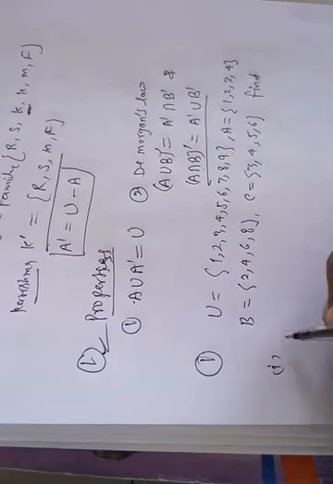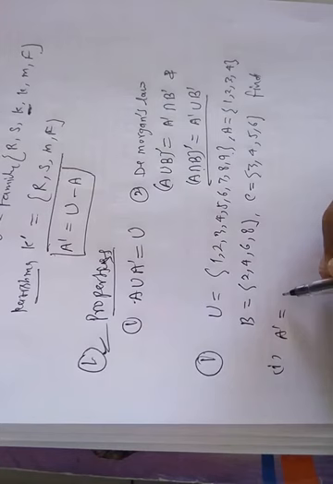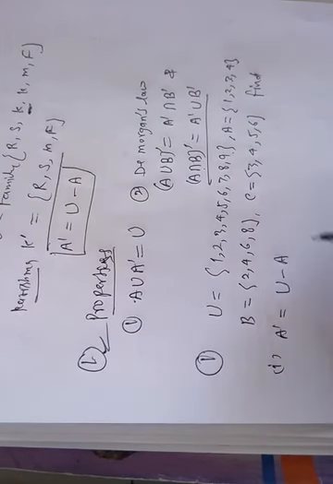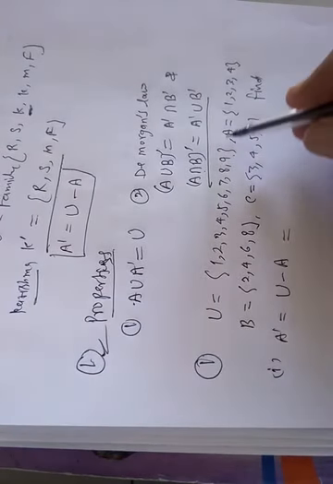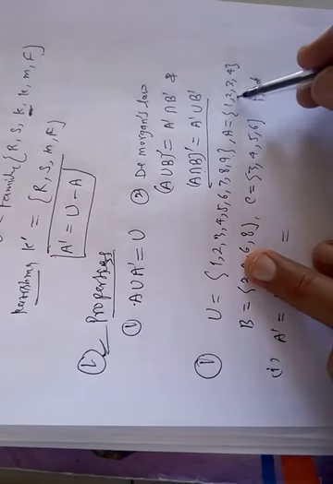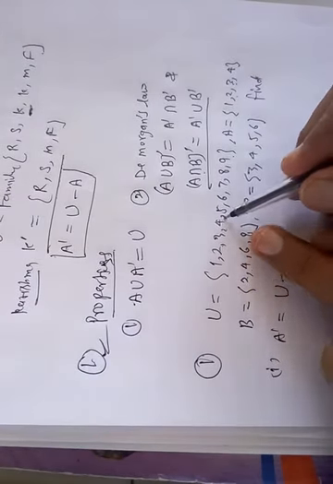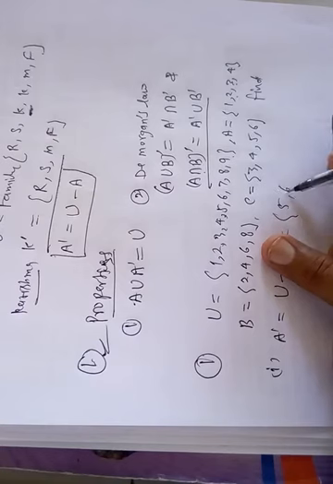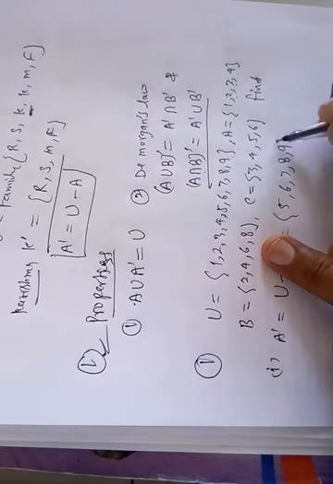First, A complement. A complement means U minus A. Remove 1, 2, 3, 4, leaving 5, 6, 7, 8 and 9.